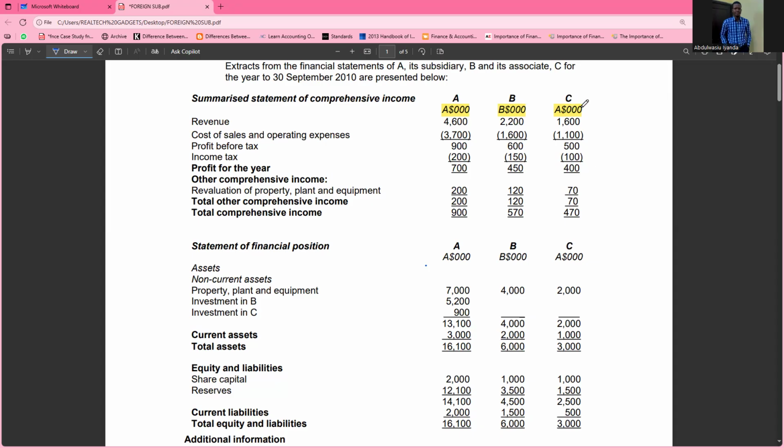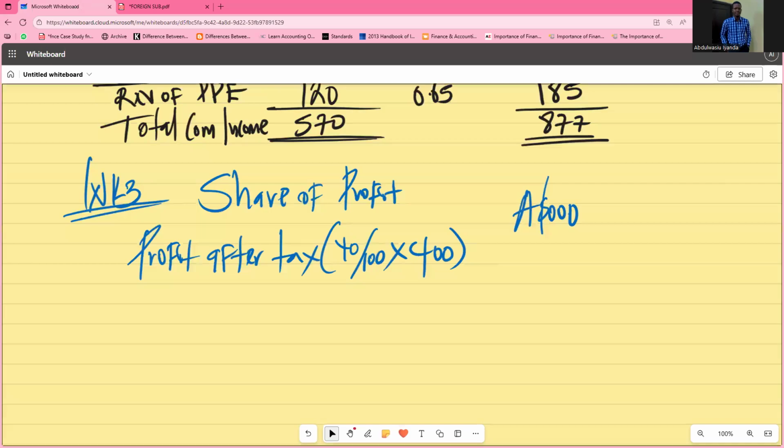What about if the associate is not $8, is in another currency? Then you do it the way you just finished working 2, but it is the same, so there's no problem. So 0.4 of this is 160.